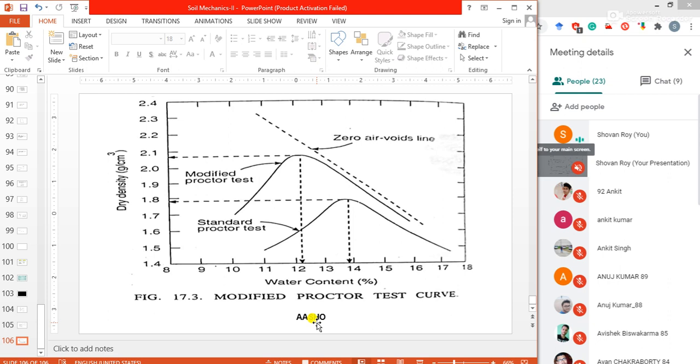But in this modified Proctor test, when heavy compaction is needed, we will fill the mold in 5 layers, each layer being given 25 blows of a 4.5 kg rammer.